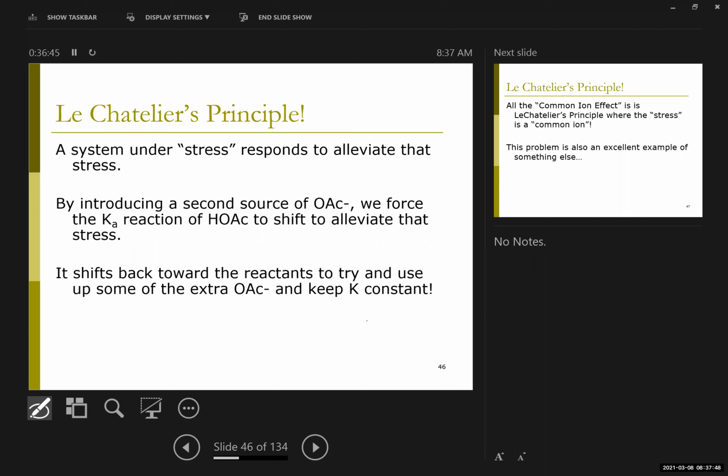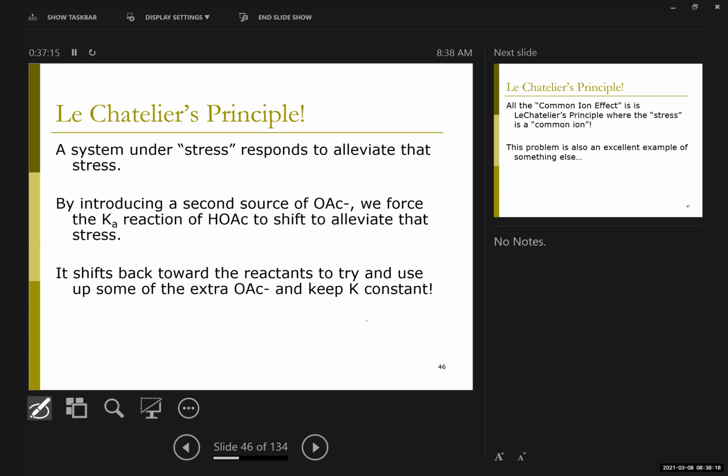But concentrations are also stressors, because remember, the whole goal of my reaction is to balance the concentrations of the products and reactants. That means if I add anything, it's a stressor, and the equilibrium has to shift to accommodate it.